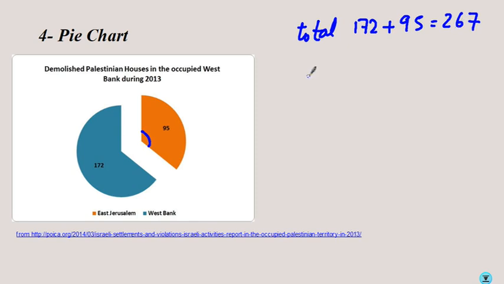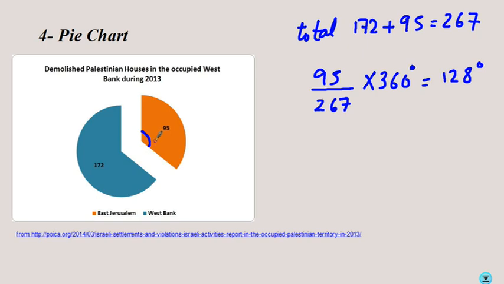So you will calculate 95 divided by 267, which is the fraction of the houses demolished that is in East Jerusalem, times 360 degrees, which is the full angle. And if you calculate this, you'll find that it is 128 degrees.